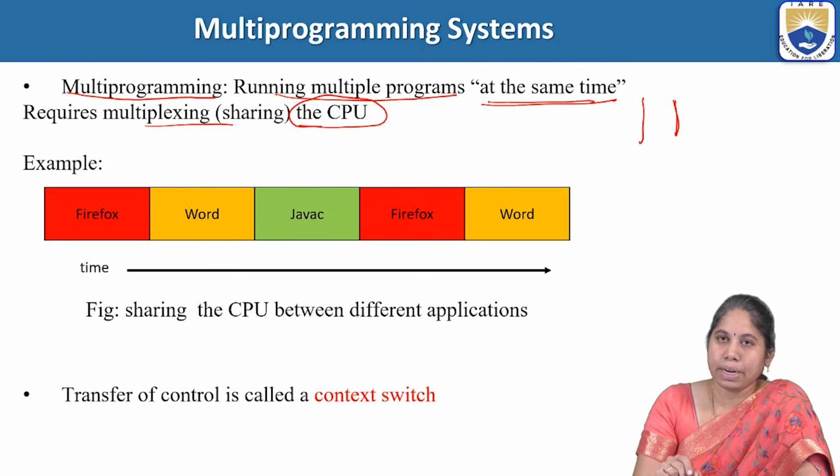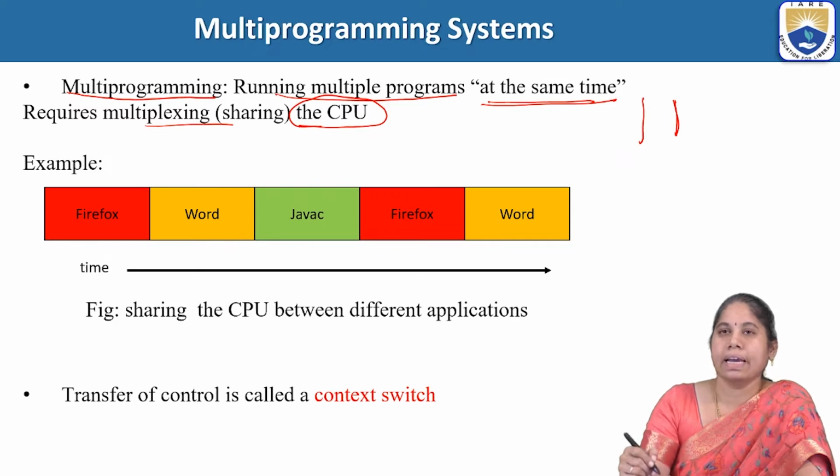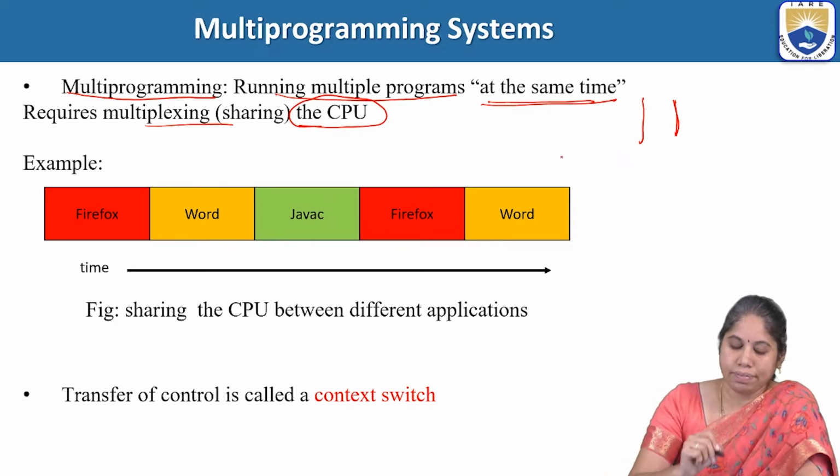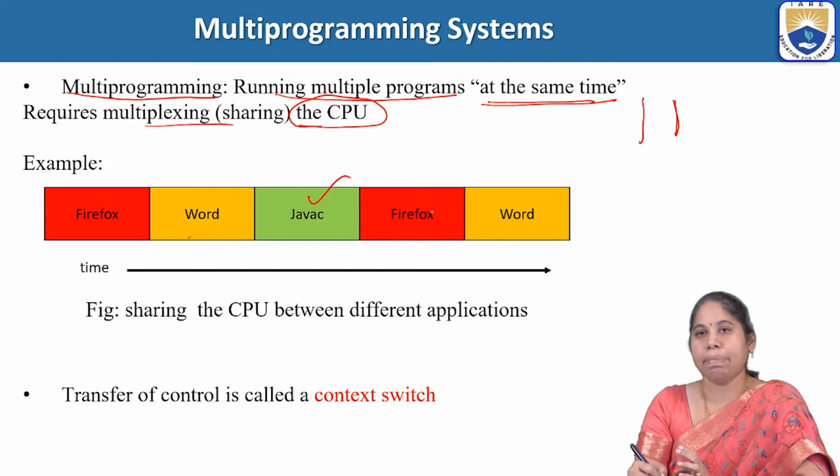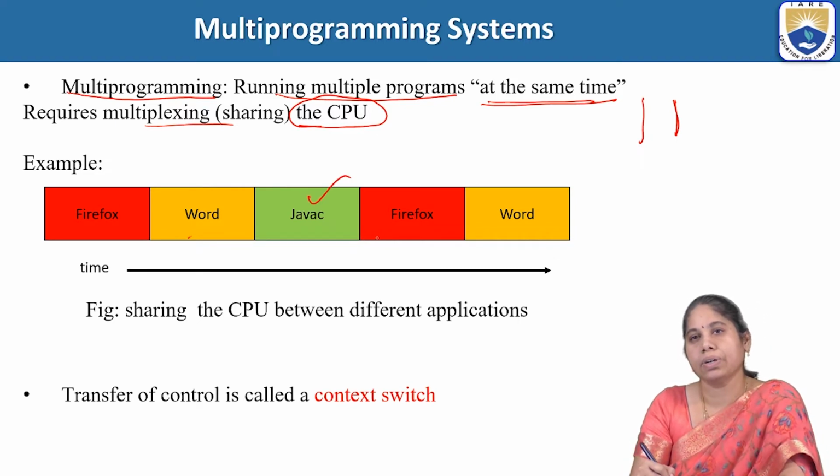So in multiprogramming, more than one job executes parallelly at the same time. Suppose you take an example: a browser like Firefox or Chrome, another application is Word, another is Java, and again another Firefox or Chrome browser.